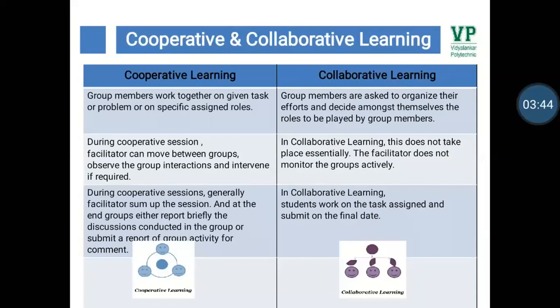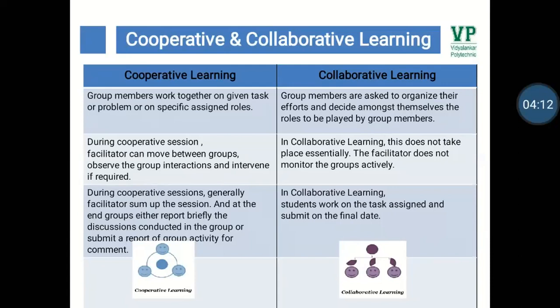During a cooperative session, the facilitator can move between groups, observe the group interactions and intervene if required. Generally, facilitators sum up the session and at the end, groups either report briefly the discussions conducted in the group or submit a report of group activity for comments.